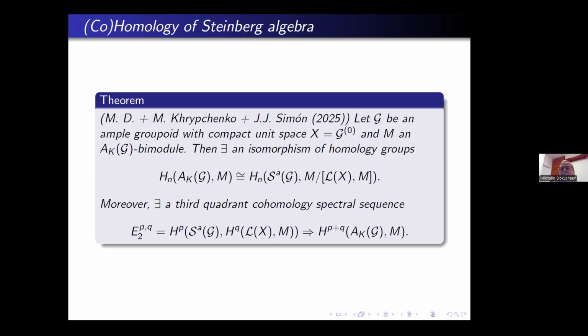Yeah. But also one thing that I find surprising is that, say if M is just L of X, then since L of X is commutative, this commutator quotient is just L of X. Yes.